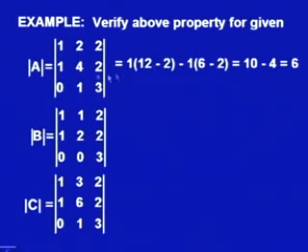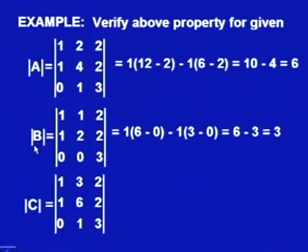I can expand about any row or any column, but since this particular matrix has one element 0 in the first column, I will prefer to compute the determinant by expanding about the first column. This way I will be performing less computation compared to any other row or column. So, I will be computing only these two terms, not the third term. This gives me the result as 6.